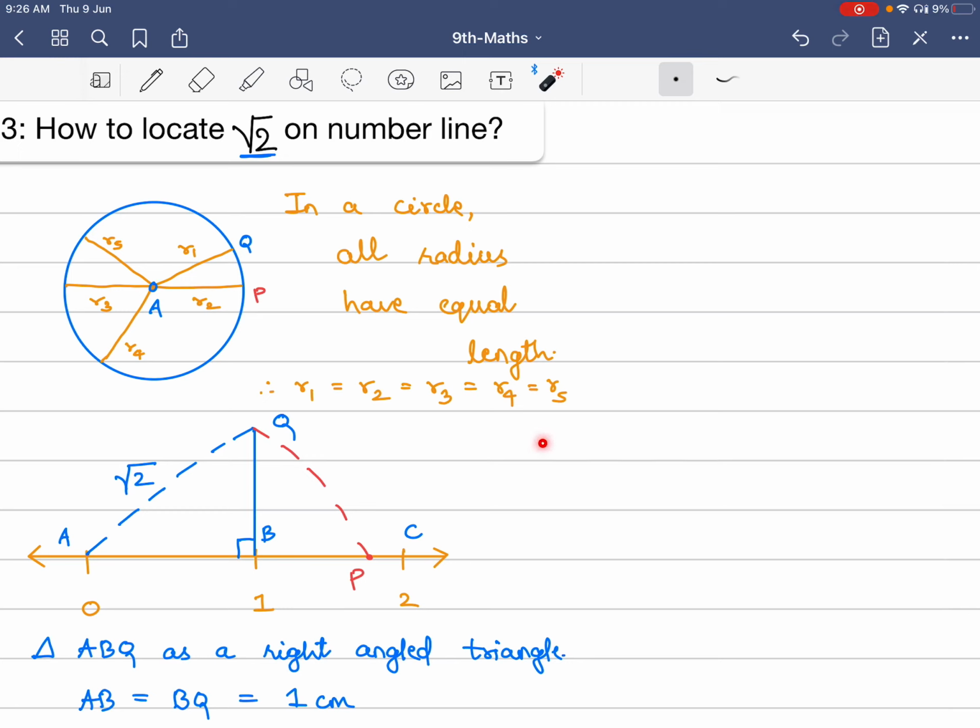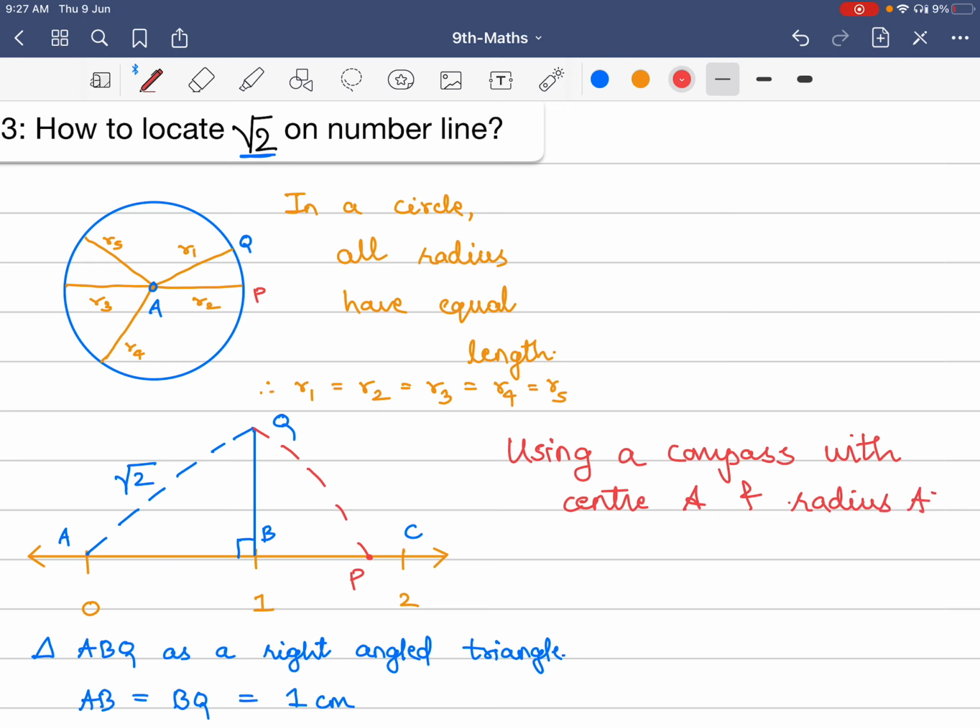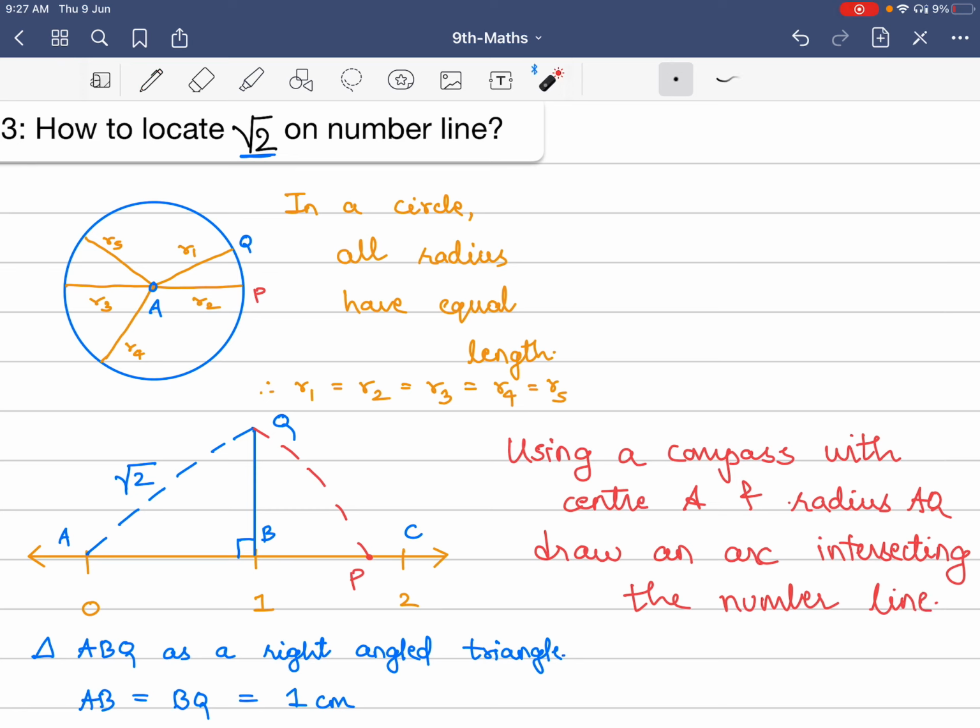So using a compass, with center A and radius AQ, draw an arc intersecting the number line. By doing this, we find the point P.